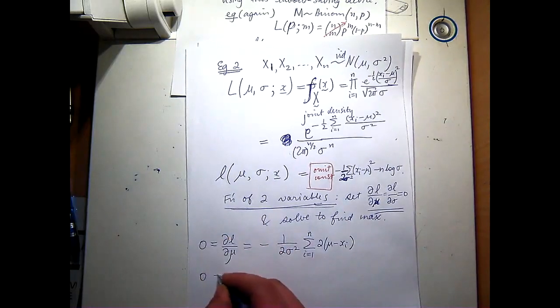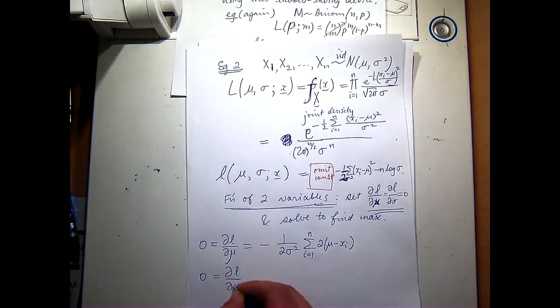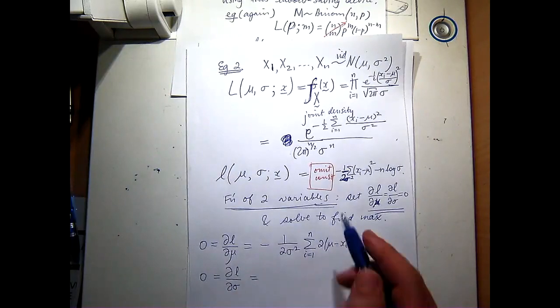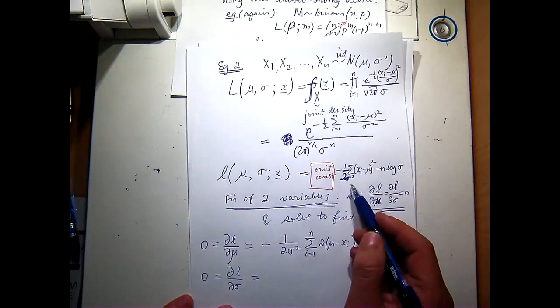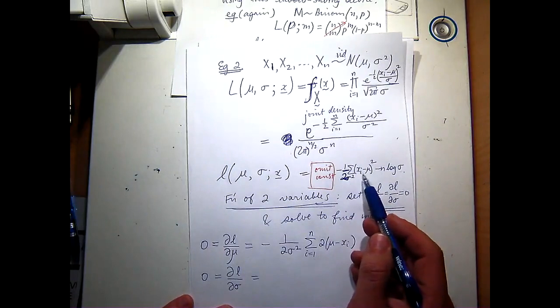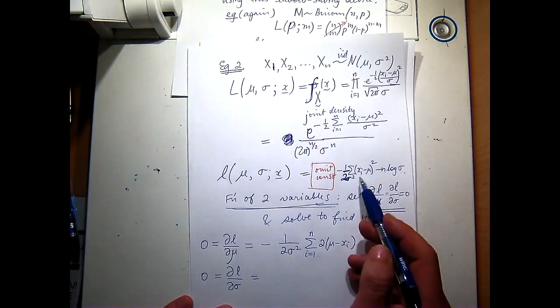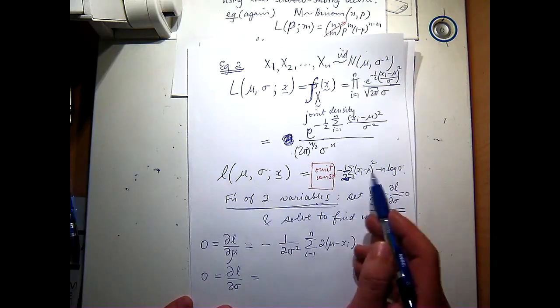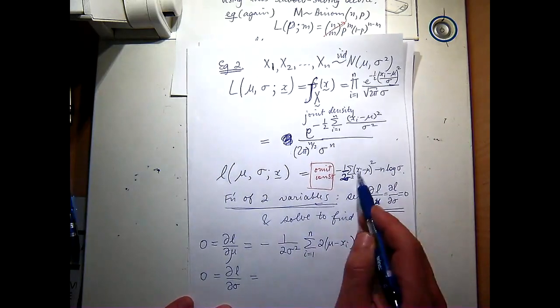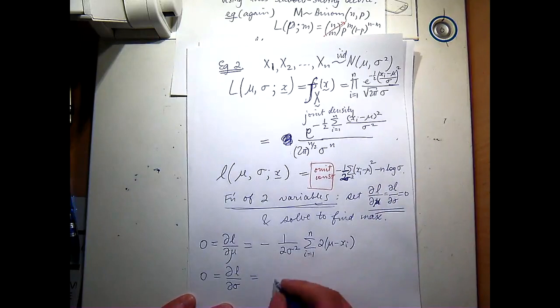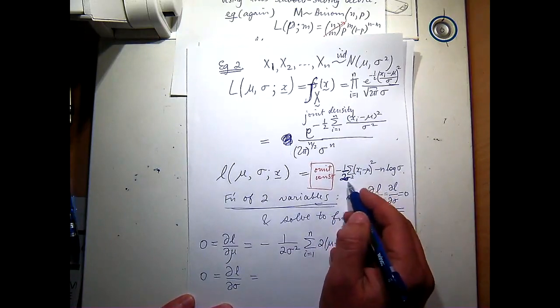And we also have to set dL by d sigma equal to 0. We're going to have 2 terms, but when you're doing d by d sigma, mu is considered constant. So sigma to the power minus 2 gives you a factor of minus 2.